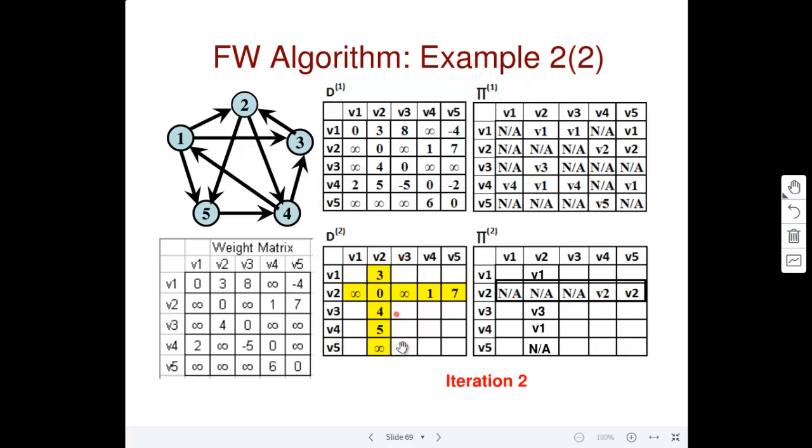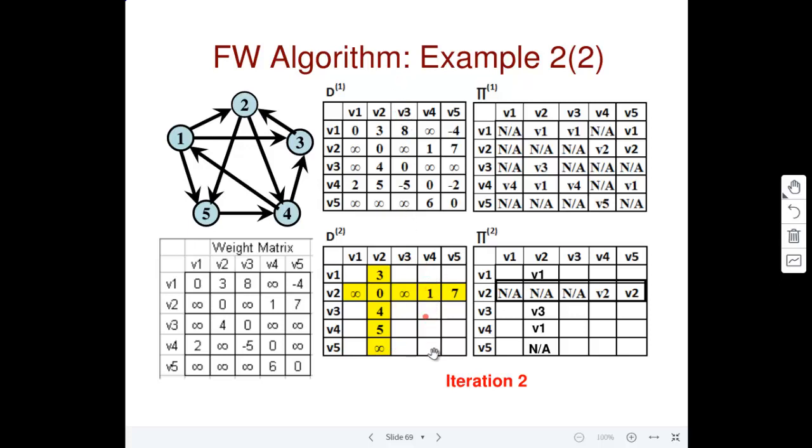Similarly, in this column you are not going to be able to reduce anything from what we have, because for this cell it's going to be infinity plus 3, not less than what we have, infinity plus 4, again infinity plus 5, then infinity plus infinity. So we can write whatever we have already.